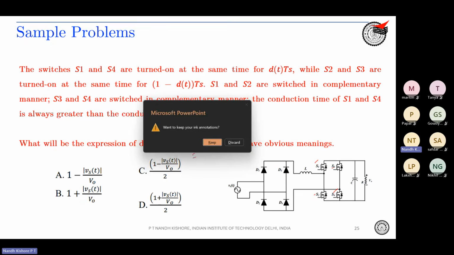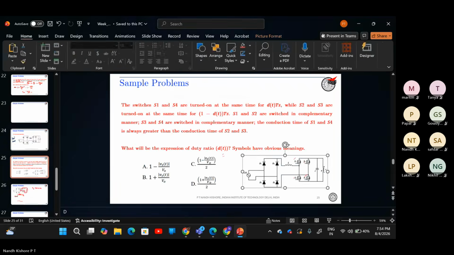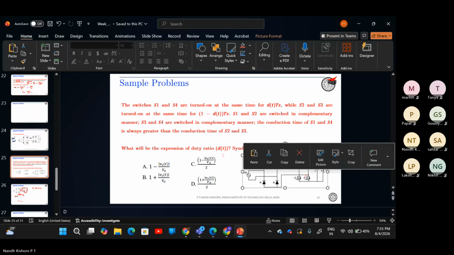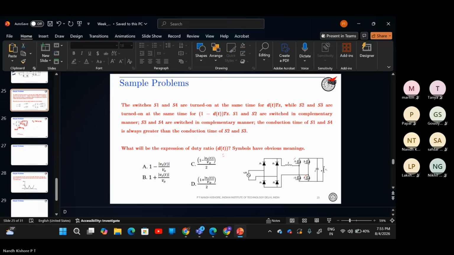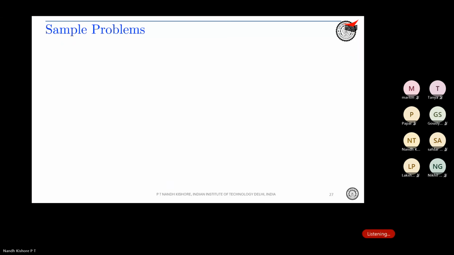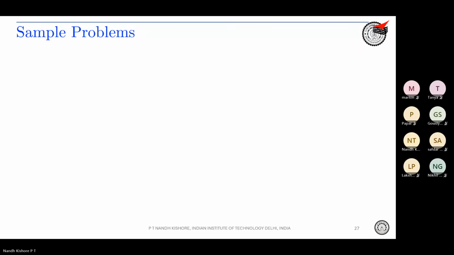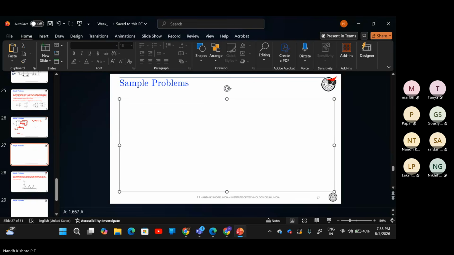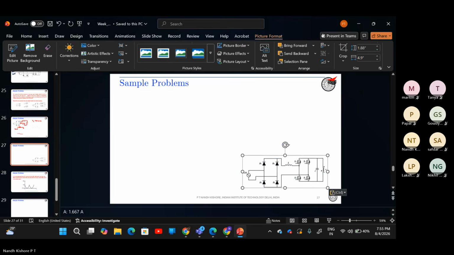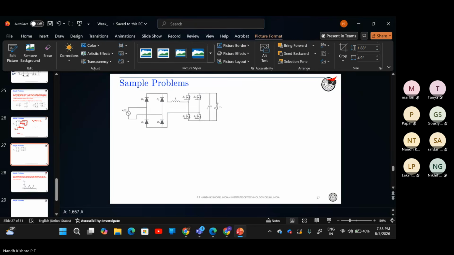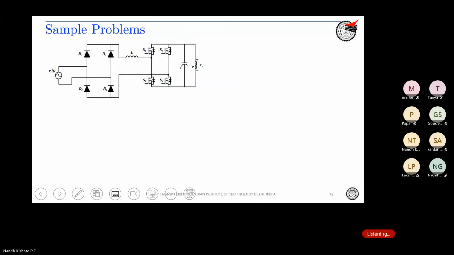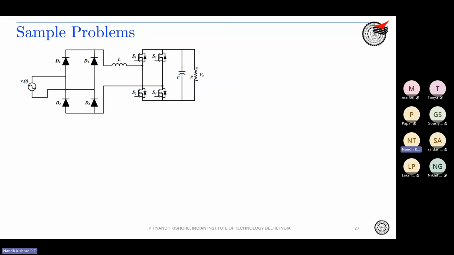What about the L discharging period? During the L discharging period, the inductor current has to remain the same. S2 and S3 are getting turned on. So you trace the path for inductor current.